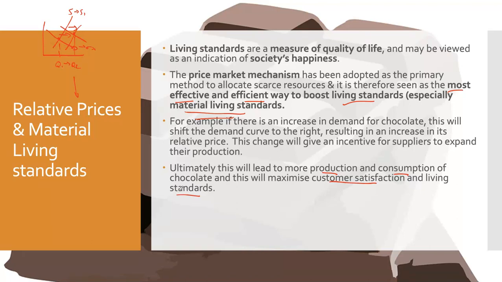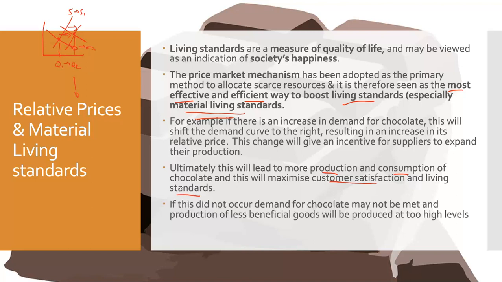We've allocated our resources more effectively to meet our living standards because we have taken into account the market mechanism and supply and demand curves. If this didn't occur, and we didn't consider production using market mechanisms, this would result in the demand for chocolate not being met, and most importantly, our material living standards not being met as effectively.